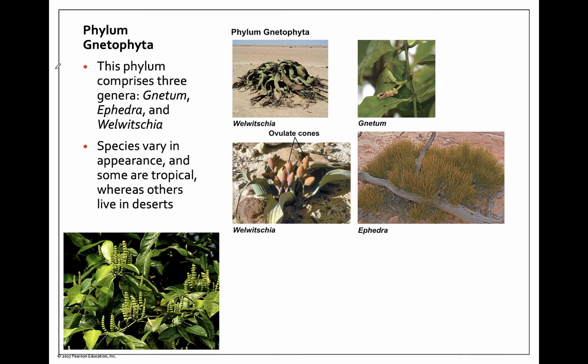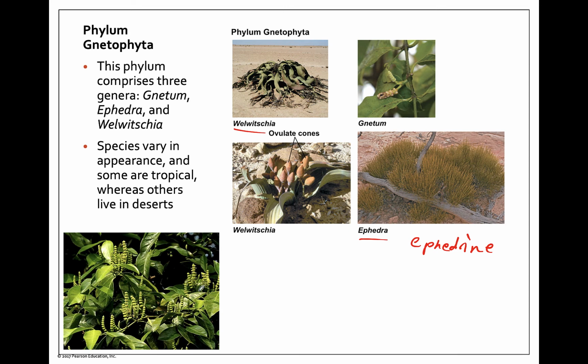Here's another phylum, which is Gnetophyta. It's a silent G. And these look crazy different from each other. We have plants like Welwitschia, which grows in the desert. Ephedra grows in the desert. This is going to produce ephedrine. And then we have other ones like Gnetum, which are found in tropical forests in Africa and Asia.